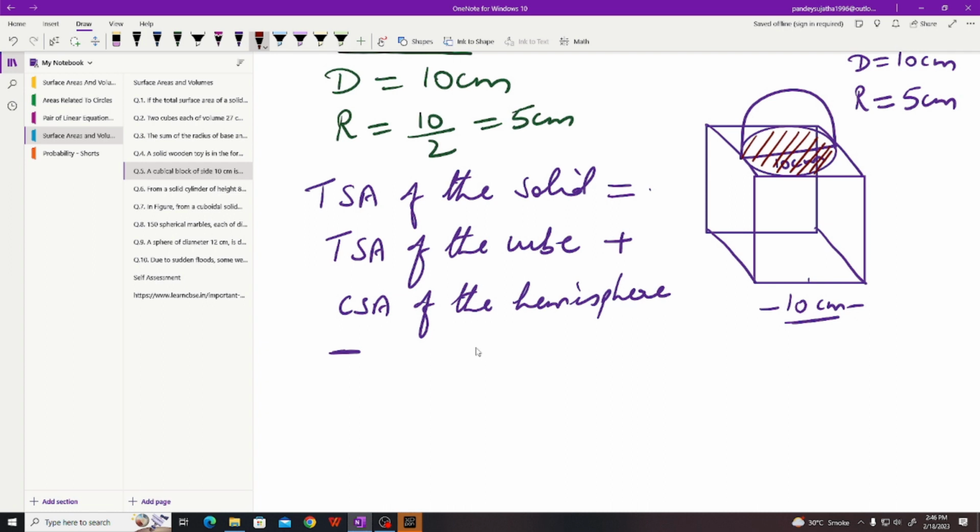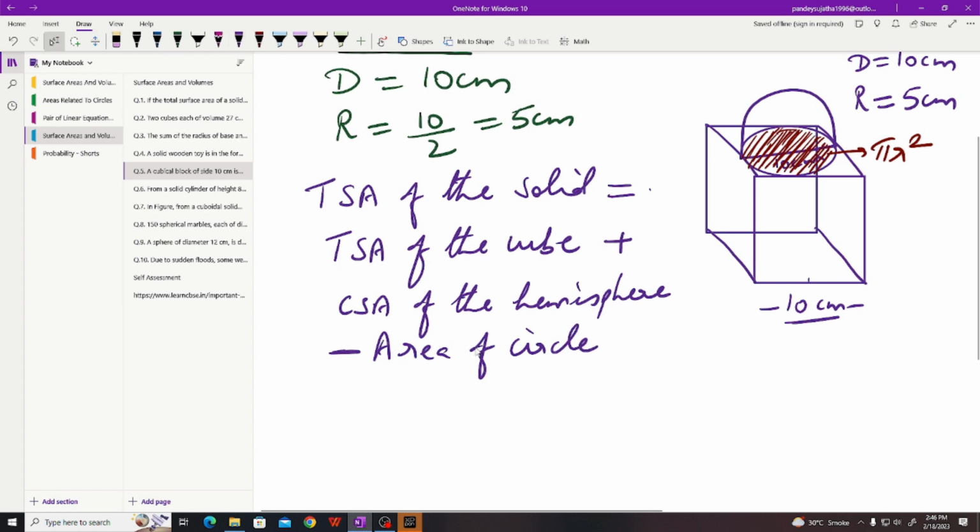And if you observe, we will not be able to touch this circular portion of the hemisphere because it is covering the top face of the cube. So this portion, that is pi r square, we will not be able to touch. So that is to be subtracted. That is area of circle.